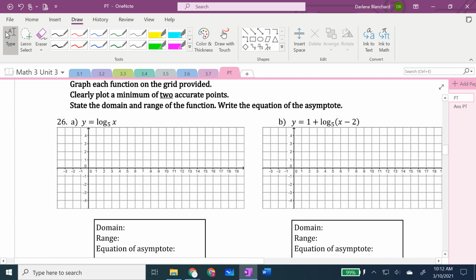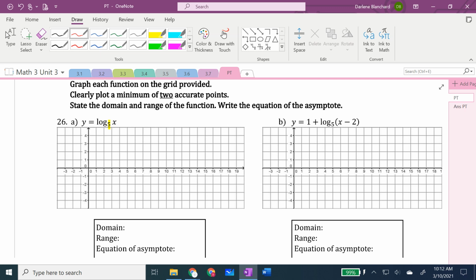When you graph your logarithms, first look at the base of the logarithm. When the base is a number larger than 1, it's a logarithm that is growing. It's going up from left to right.